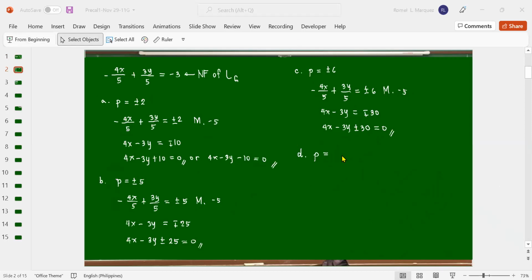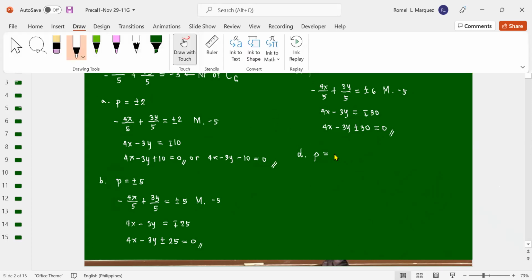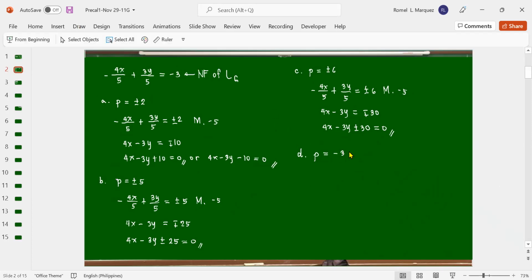So what's the technique, guys? You write the directed distance of the original line, negative 3. Then away from that, we move forward in the same direction, so you add negative 5. And in the opposite direction to the original, plus 5.